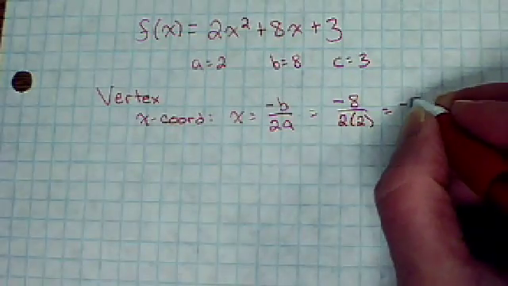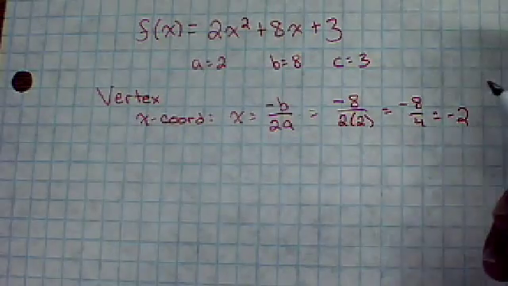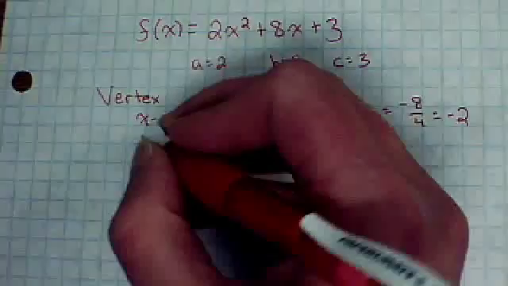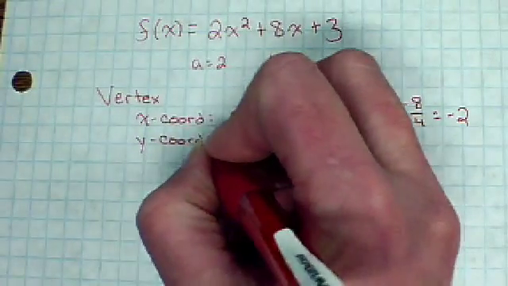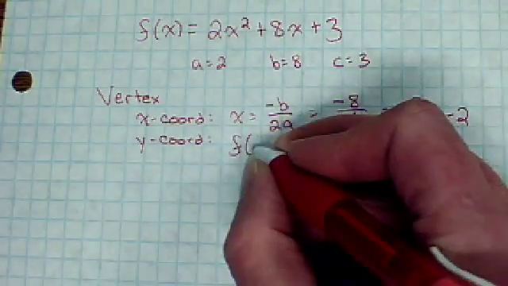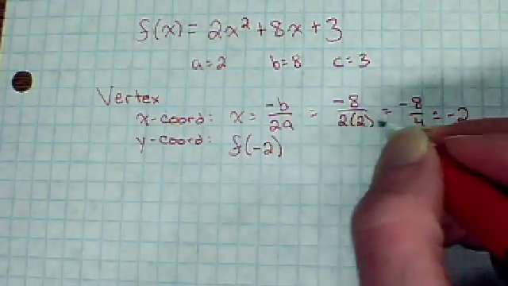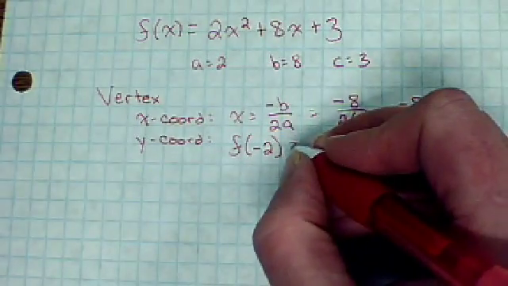So that's negative 8 divided by 4, which is negative 2. Now that's just the x-coordinate of the vertex. It is a point, and a point always has an x and a y. To find the y-coordinate, we plug that x value into our function. So we need to evaluate f when x is negative 2.